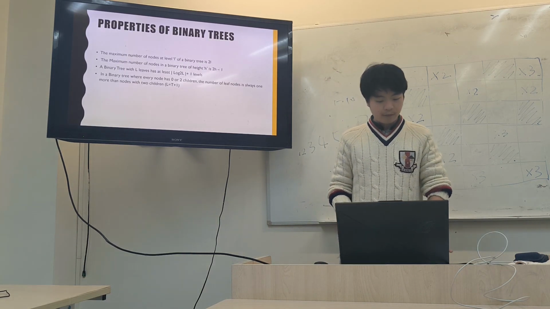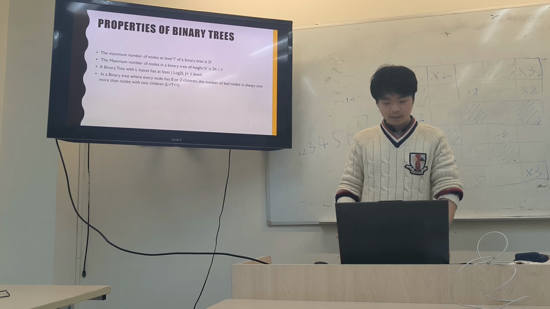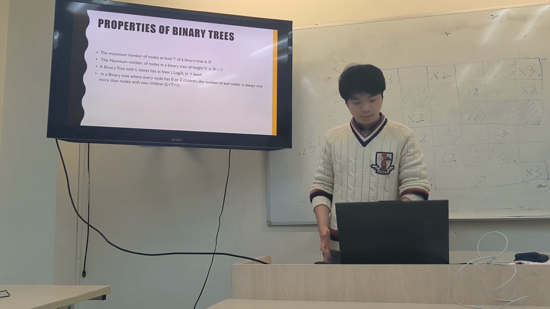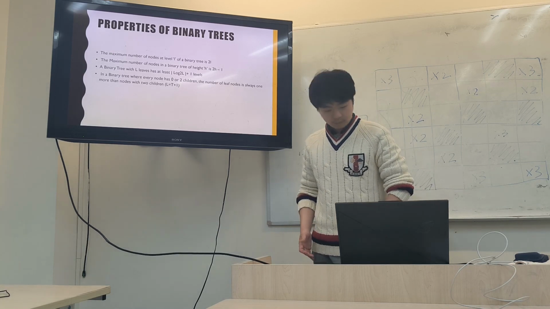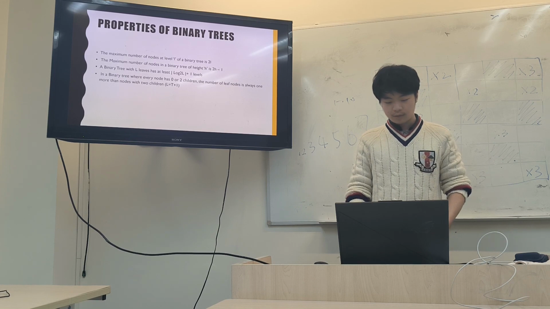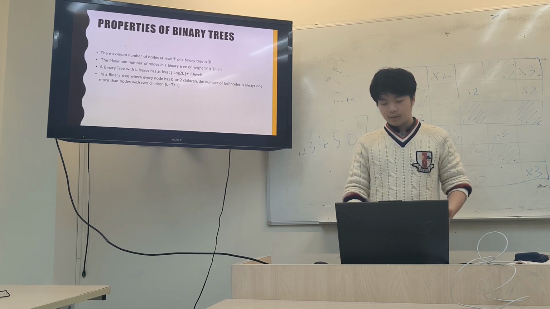The third one, a binary tree with L leaves has at least log L in base 2 plus 1 levels. And the last one is, in a binary tree where every node has 0 or 2 children, the number of leaf nodes is always 1 more than the nodes with 2 children.